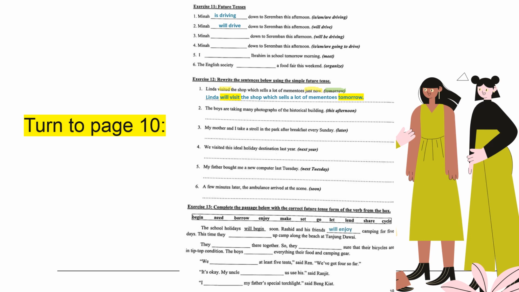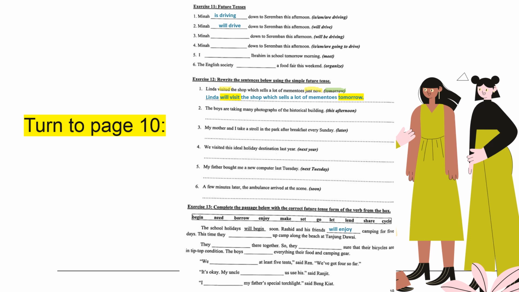Okay, so now let's look at exercise 13. So exercise 12, please complete number 2 to number 6 as well. And then now we will talk about exercise 13. So exercise 13, you need to fill in the blanks with the correct verb which is given in the box. So there are some extra words actually, so you need to understand the meaning before you do. The school holidays will begin soon.